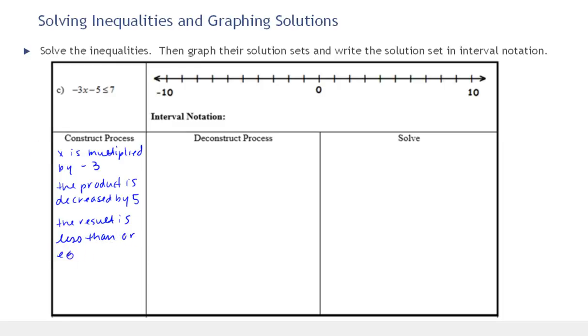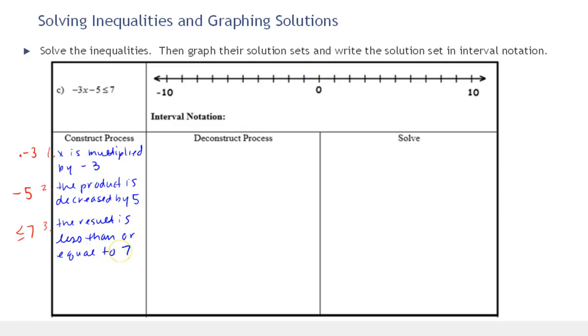So this was our first step, second step, third step. Let's write our shorthand. We multiplied by -3, then we decreased by 5, and then we had the result is less than or equal to 7. Now let's use our deconstruct process.